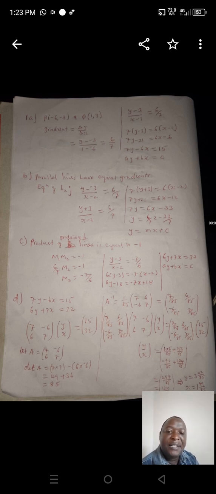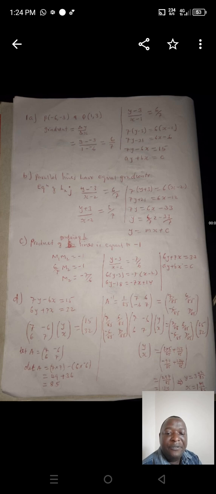So using that point and an unknown point (x, y), we get (y - 3) over (x - 2) is equal to -7 over 6. When we cross multiply, we get 6 into (y - 3) is equal to -7 into (x - 2). Opening up the brackets, we get 6y - 18 = -7x + 14.